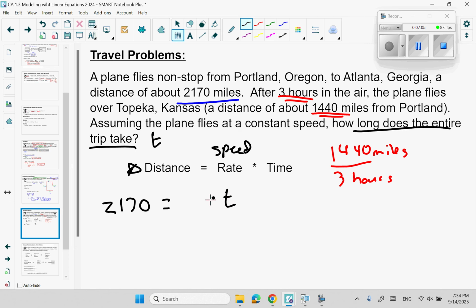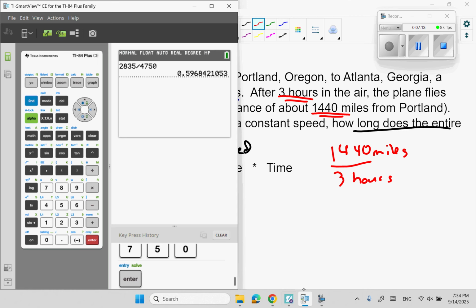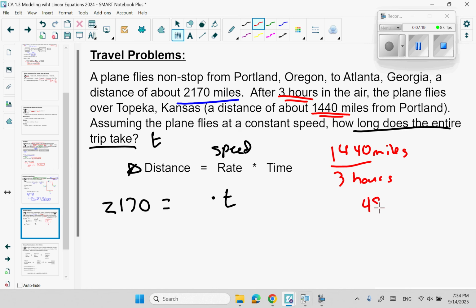Okay, but I should figure out the speed. Well, I know that right now it traveled 1440 in 3 hours. So I can do 1440 divided by 3 and find out that it goes about 480 miles per hour. I can plug that in right there.